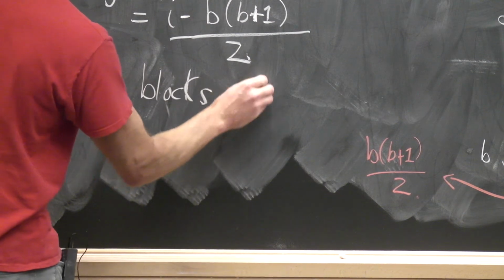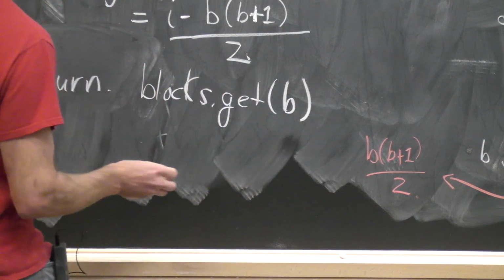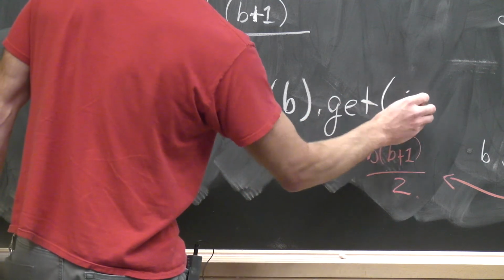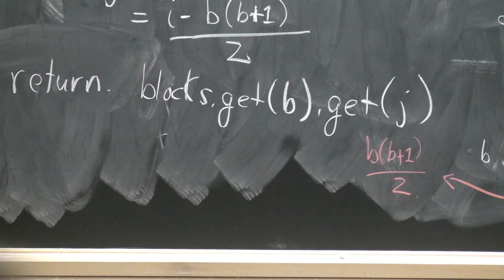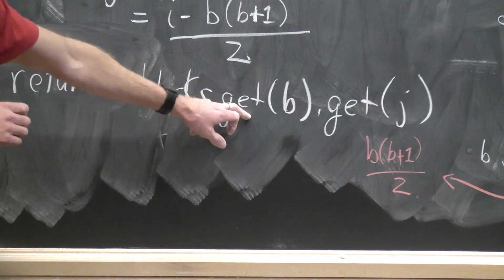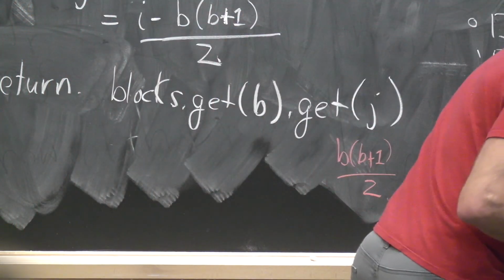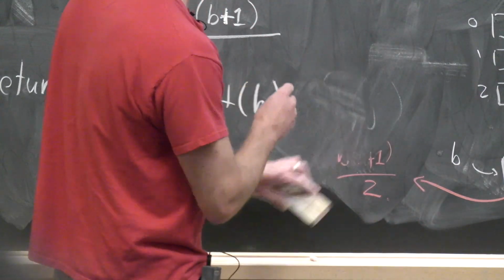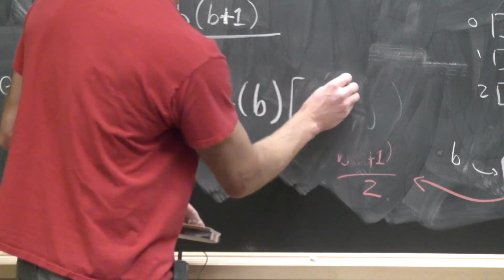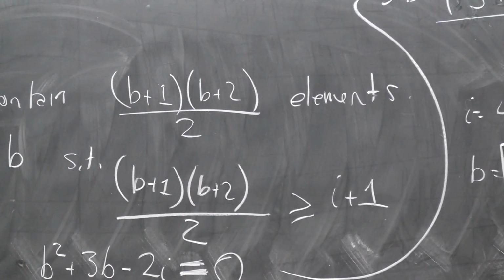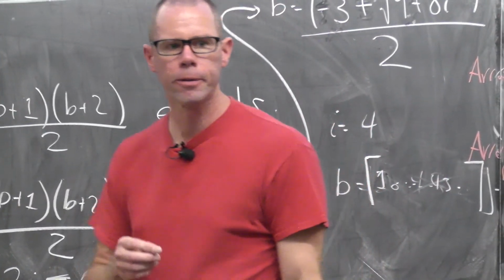Blocks dot get the bth item, dot get the jth item in that array. Blocks.get(b) gives us the array, or actually, we don't even get it because it's just a straight array. It's just add j. Okay? So 2 calculations, one to figure out which block and one to figure out which position within the block.